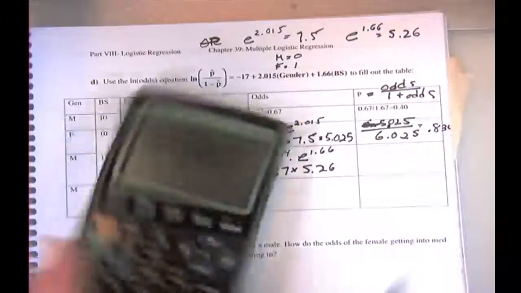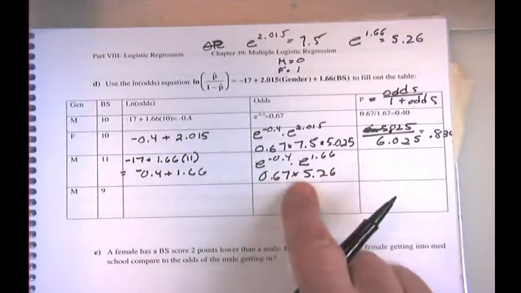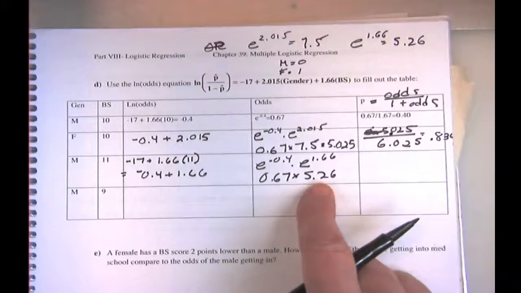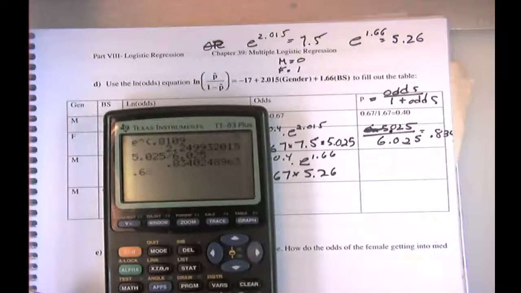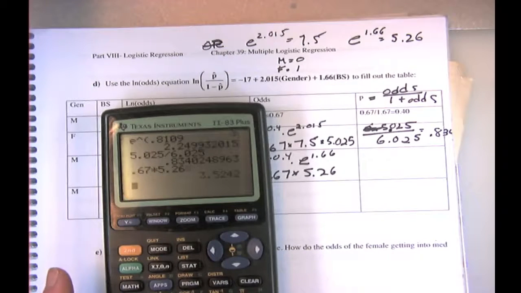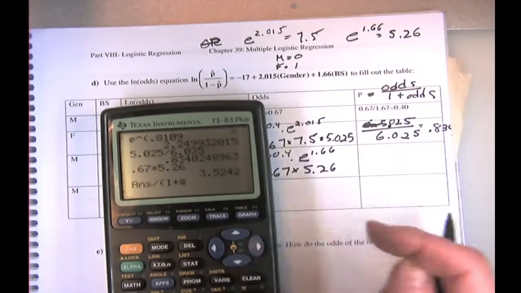If you want it to be more exact, this has a lot of rounding, but I want you to see where it comes into play, that's all. Where this e to the slope, the odds ratio, comes into play. So it would change by whatever I got before, 0.67 times 5.26, and I got that. That would be the odds. And then I'd divide it by 1 plus that, right?